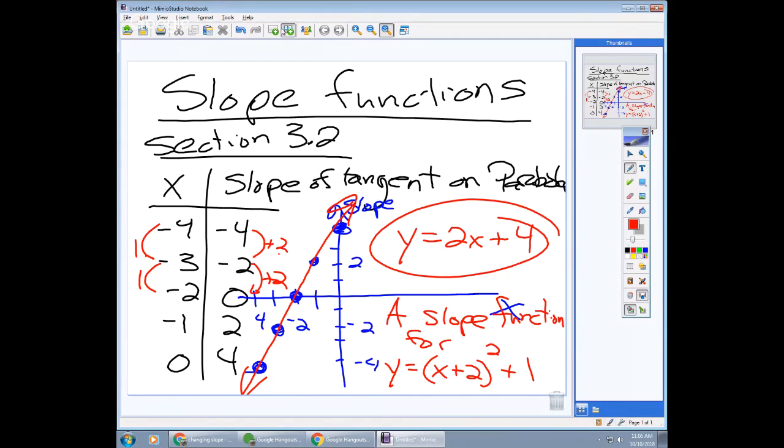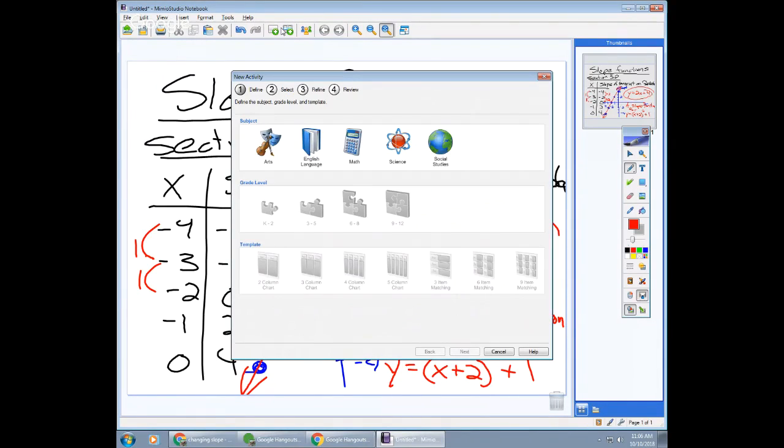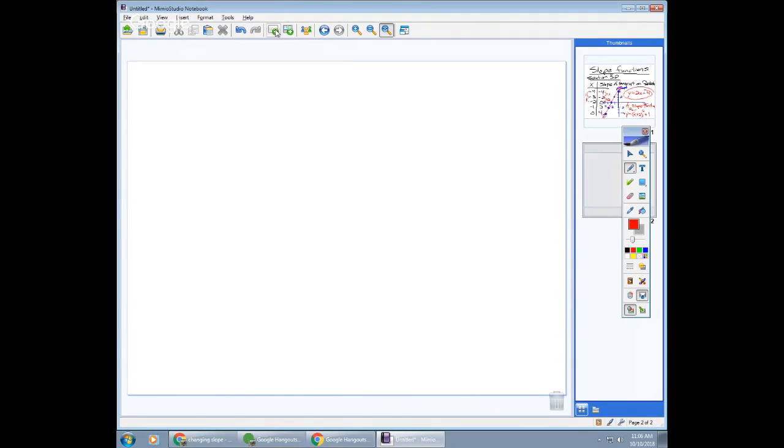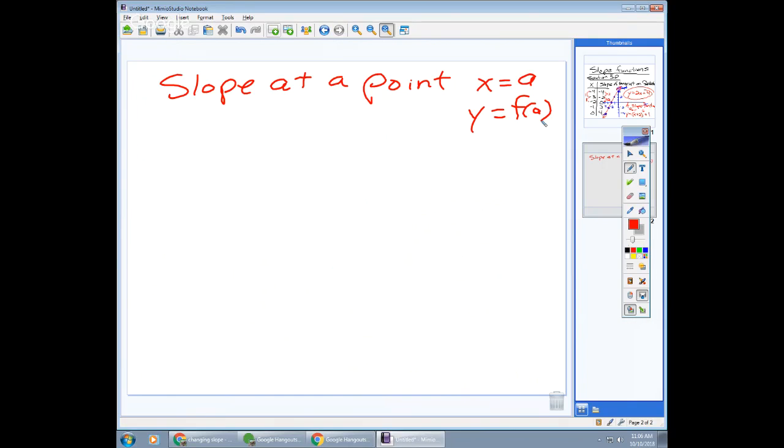New page. So remember, slope at a point x equals a, the point (a, f(a)), is the limit as h goes to 0 of (f(a plus h) minus f(a)) all over h.